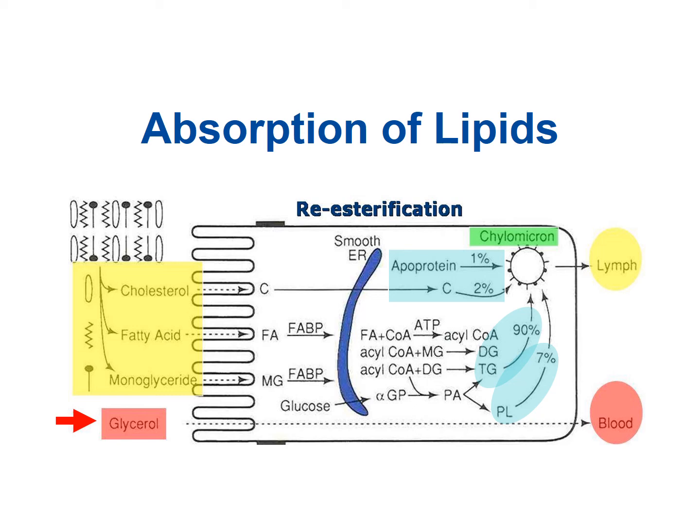This is absorption of the fat digestion end products, cholesterol, fatty acids, and monoglycerides. They are absorbed into the inside of the enterocyte by fatty acid binding proteins.